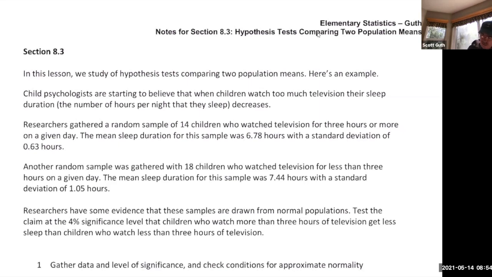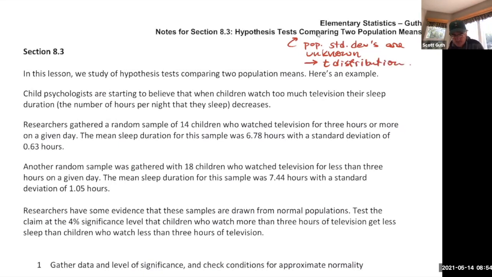Okay, so this is section 8.3. This one's on hypothesis tests comparing two population means. At this point, we're going to assume that the population standard deviations are unknown. And whenever that happens, you get this additional variability that forces a t-distribution for probabilities.